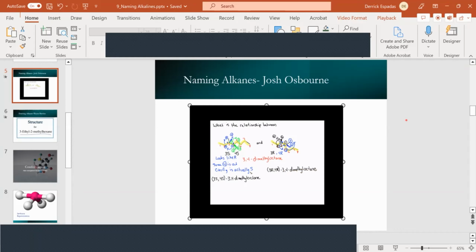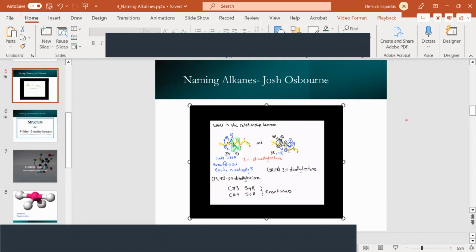Okay, so in this case, we have a perfect switch in configurations. At carbon 3, we go from S to R. At carbon number 4, we go from S to R. Since all of our stereocenters switch configurations, we can classify this pair of compounds as a pair of enantiomers.